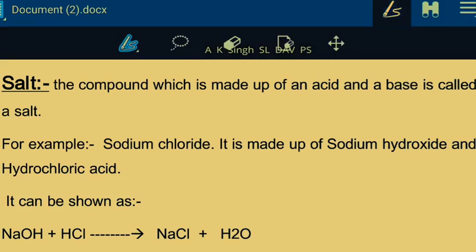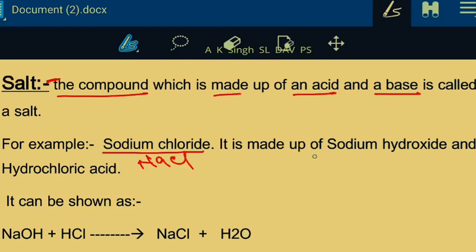Now salt. The third type of compound is salt. What is salt? The compound which is made up of an acid and a base is called salt. For example, sodium chloride, its formula is NaCl.